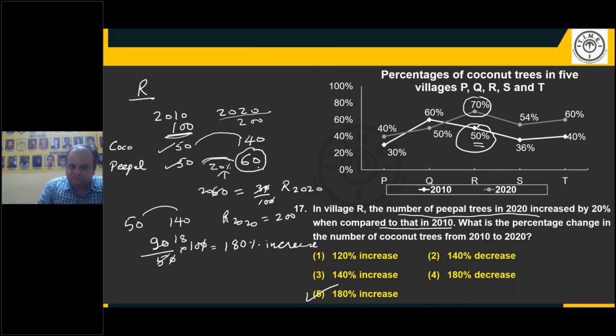Now this 60, which is people trees in 2020, is equal to 30% of R's total in 2020. So R's total in 2020 is 200. If R's total is 200 and 60 are people, then coconut trees are 140. Now if it increased from 50 to 140, the percentage increase comes out to be 180%.